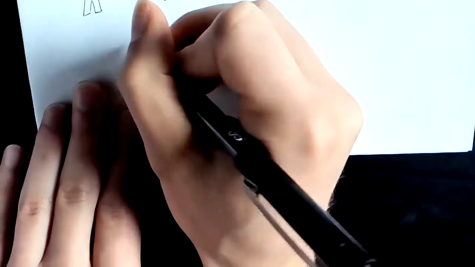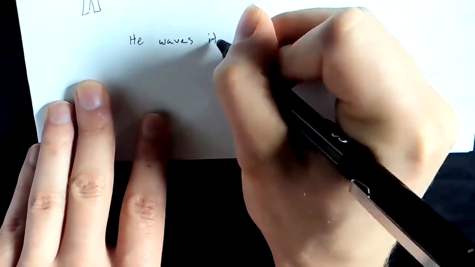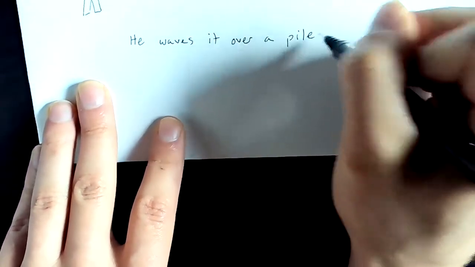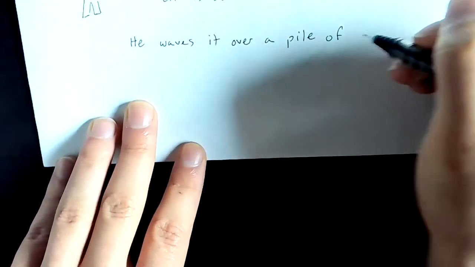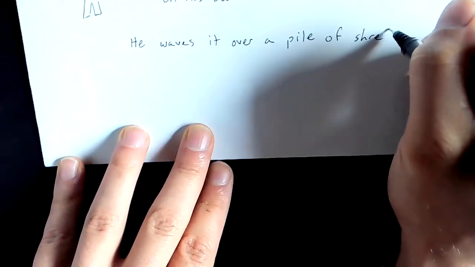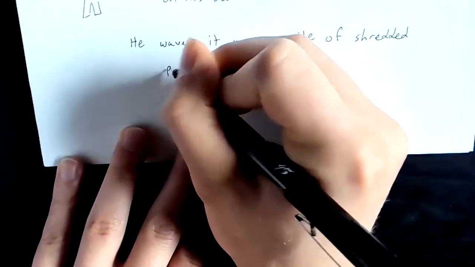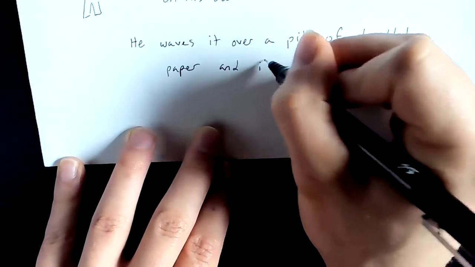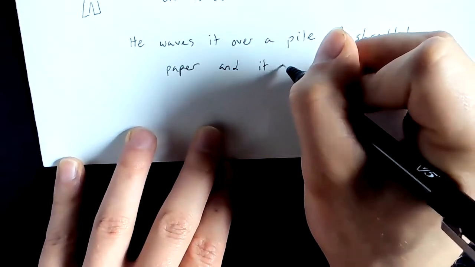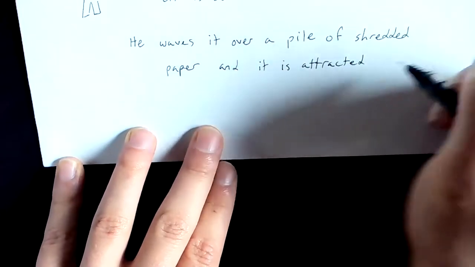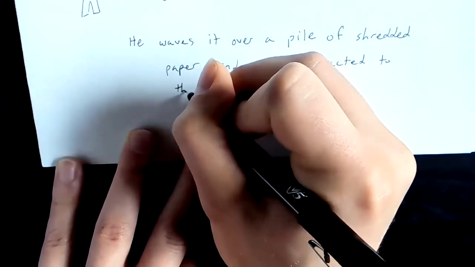Then he waves it over a pile of shredded paper, and it is attracted to the ruler.